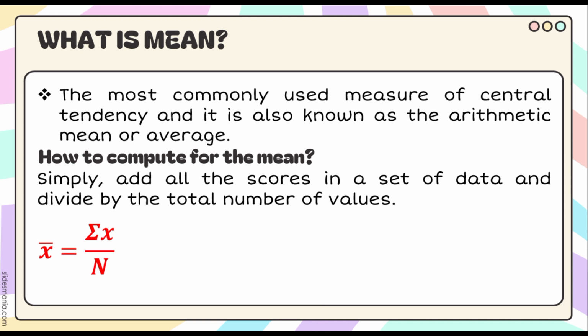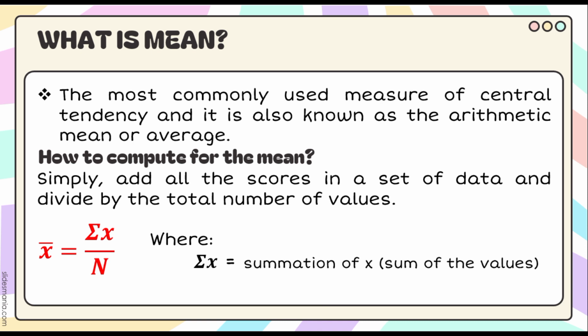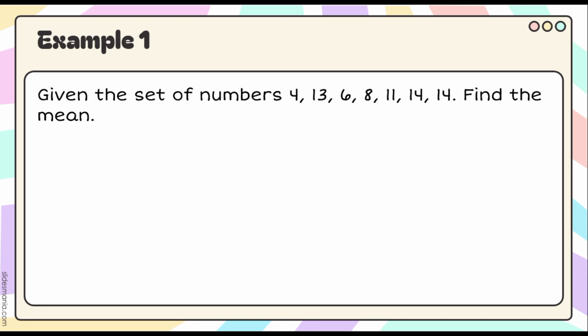We have this formula: mean is equal to the summation of x over n. This symbol is read as summation of x, or the sum of the values, and big letter N is the number of values in a set. Okay, let's have an example for you to understand how to solve for the mean.